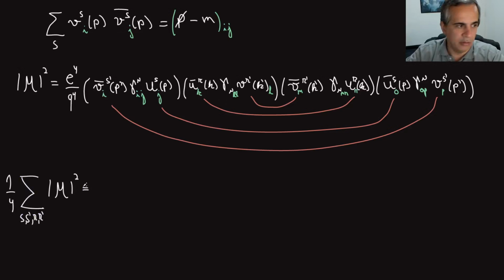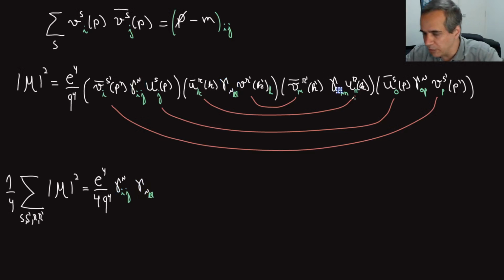And this is equal, right, to e to the fourth over 4q to the fourth, this 4 right here, right? Let me copy all the gamma matrices. All the Dirac matrices go right there.